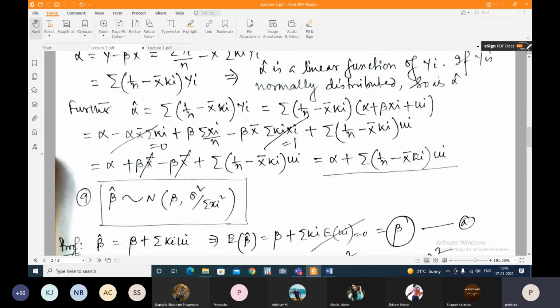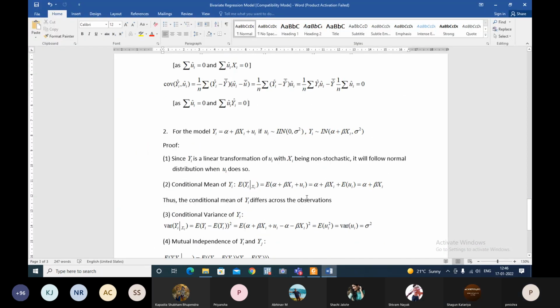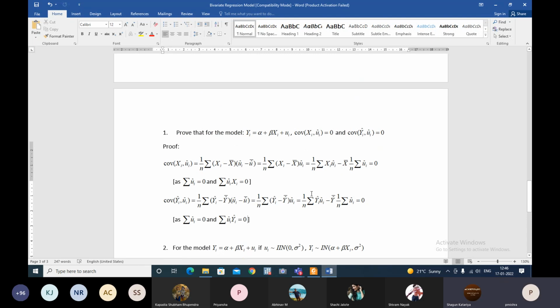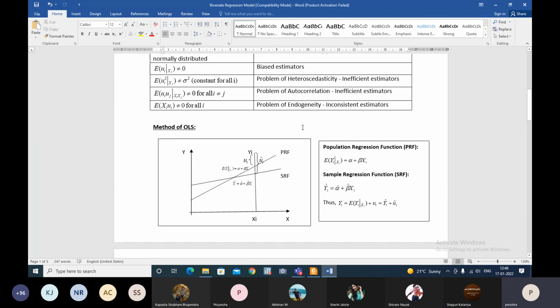Why we don't know ui? Very simple. See this diagram. What is ui? ui is basically the deviation of the actual observation from the population regression function. And we don't know the population regression function. Hence we don't know ui.